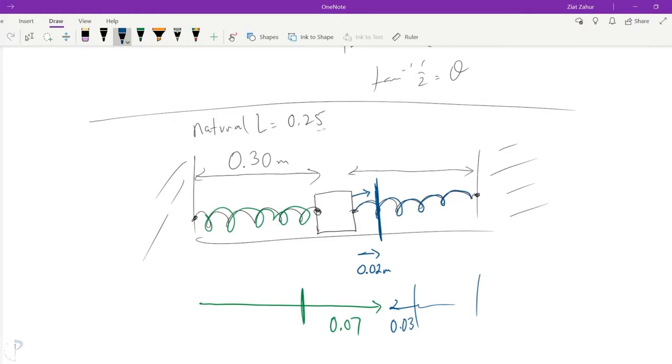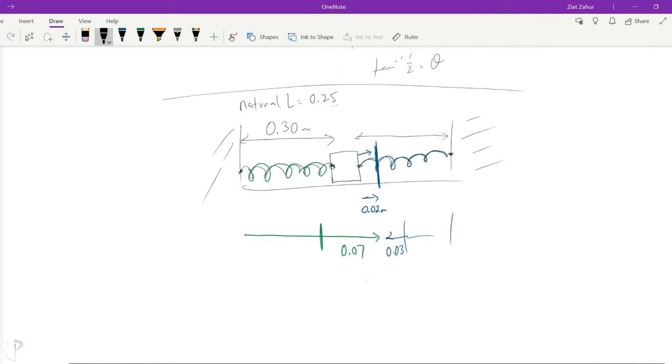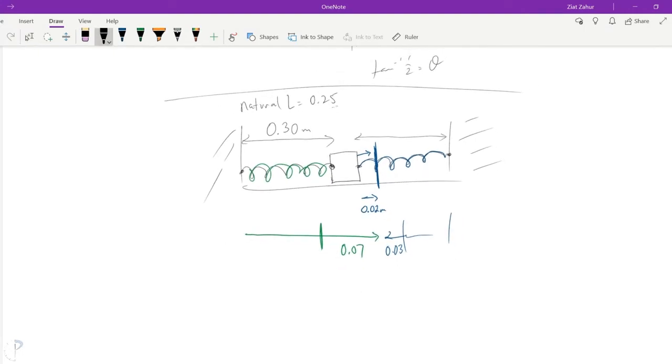And so to find the net force that you need to pull on the block to move it 0.02 meters, you can just do Hooke's law for both of them. But they point in different directions. So Hooke's law is kx. So those are the two forces.